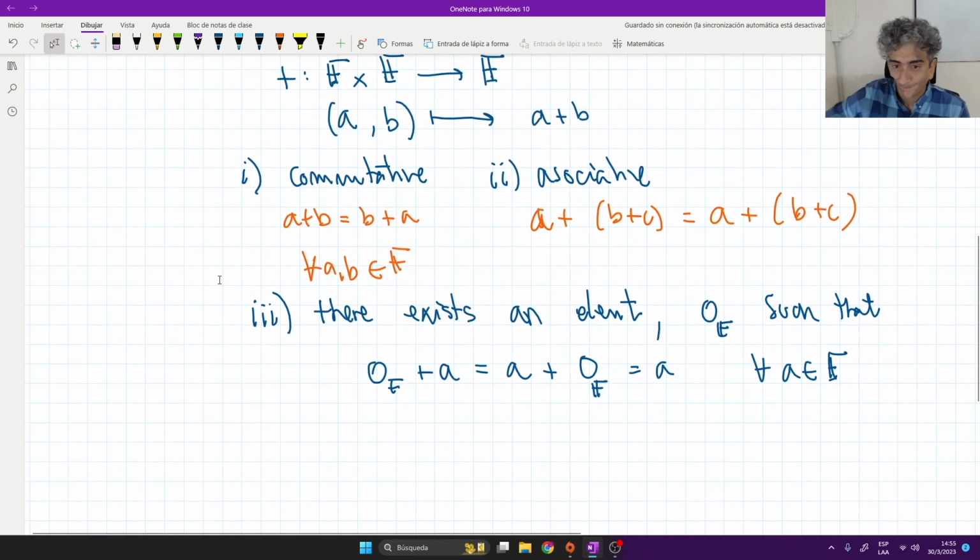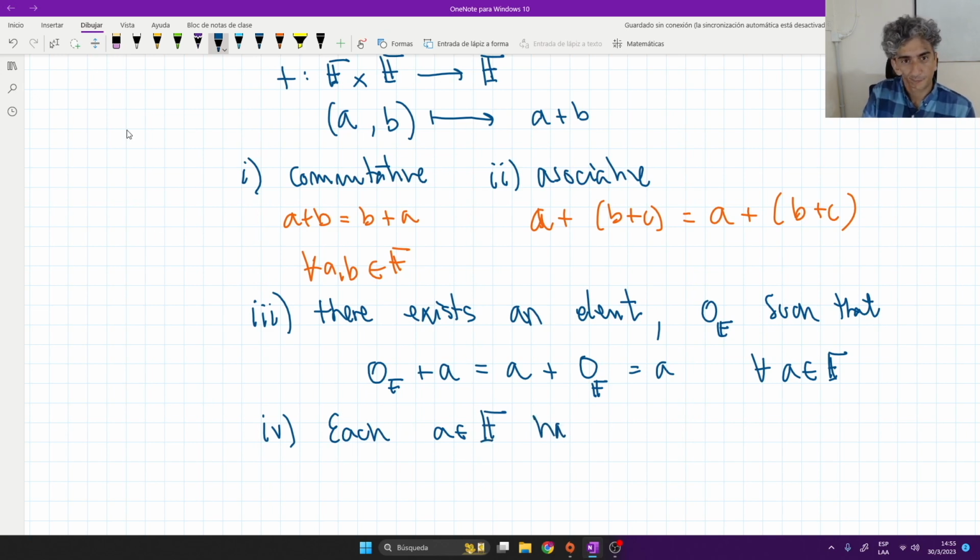And also for each element of the field, let's write it like this.